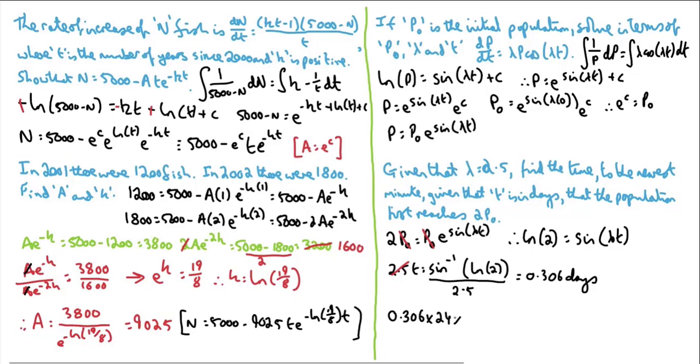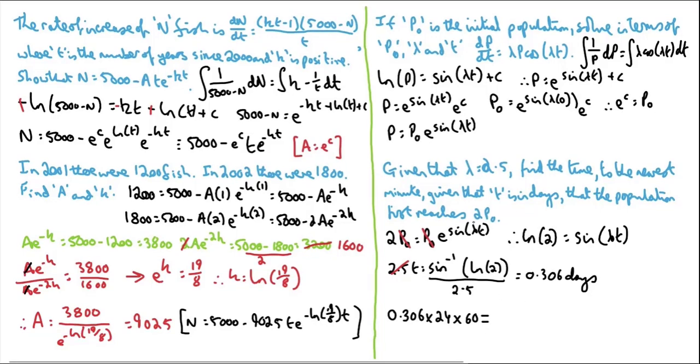And to turn hours into minutes, you times by a further 60. So this gets you, to the nearest whole number, 441 minutes. Okay. If we're happy with that, again, we see how we did each stage, used information available to create equations, and then used those equations to find other unknowns.